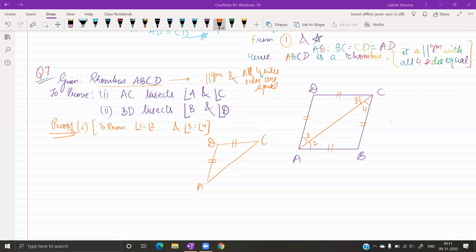If two sides are equal, the angles opposite to them will be equal. So we have angle 1 marked here, angle 3 marked here. Since in this triangle ADC, AD is equal to CD, these are sides of rhombus, so they will be equal. It implies angle 1 equals to angle 3. Angles opposite to equal sides of a triangle are equal.